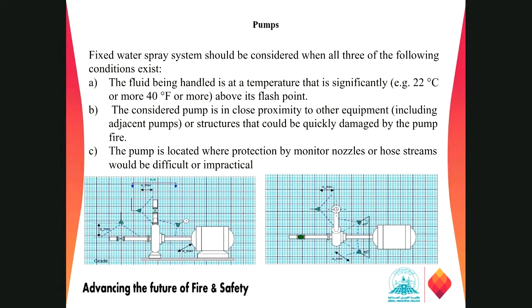The first one, the fluid handling temperature, is 22 degrees Celsius or more, right? The last point is that around 22 degrees Celsius is the lowest starting point for the flash point, right?